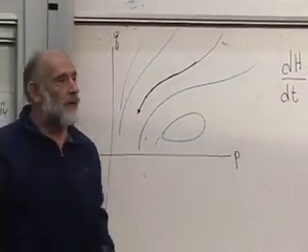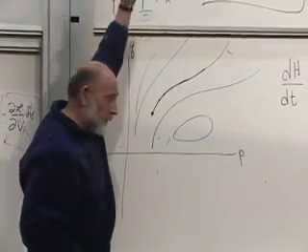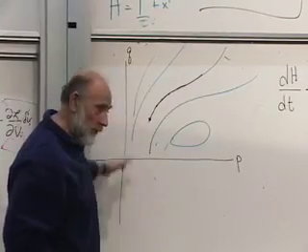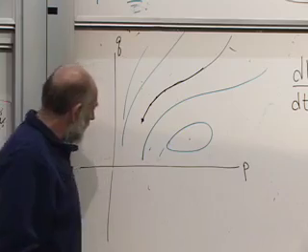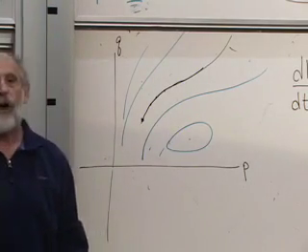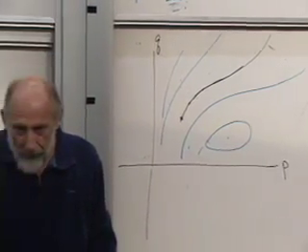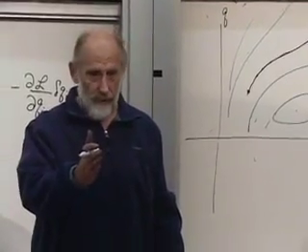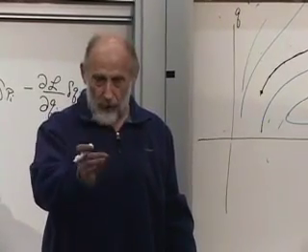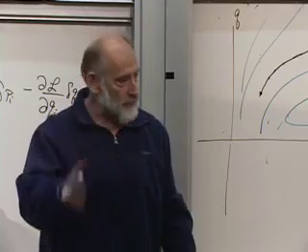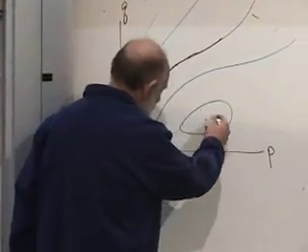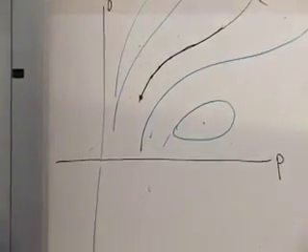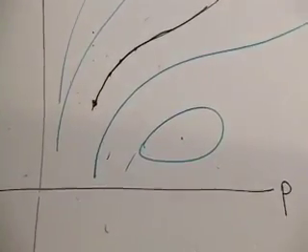The contours can be open or off to infinity. They can be closed curves. They can even be a dot. That corresponds to a motion which doesn't go anywhere, it just sits there. For example, the harmonic oscillator at the origin with no velocity simply sits there, it doesn't move. That's a kind of degenerate circle right at the origin.